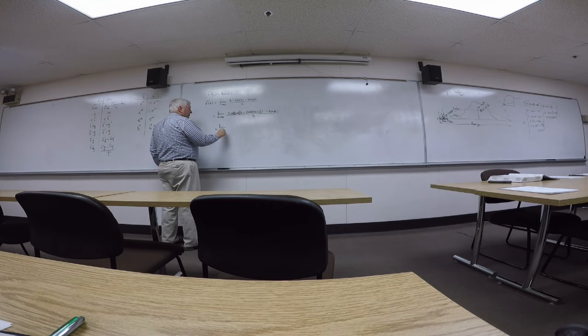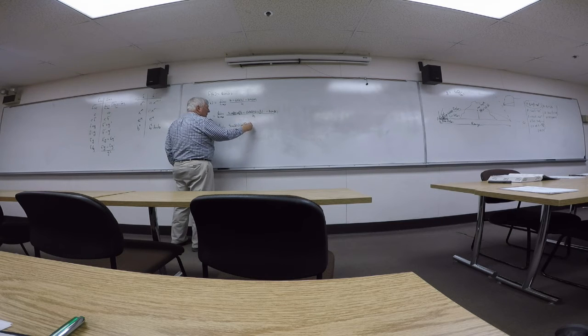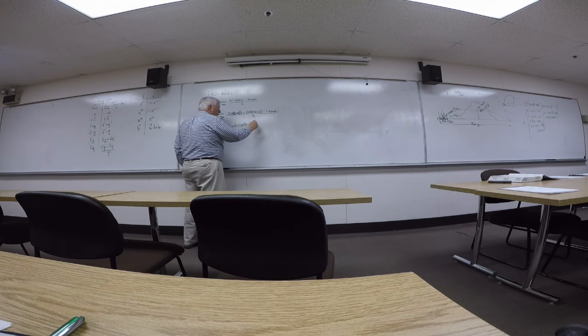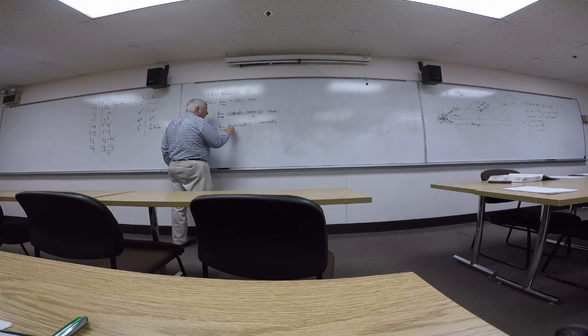The limit as h approaches 0 of sine of x times cosine of h minus 1, plus cosine x sine h, over h.